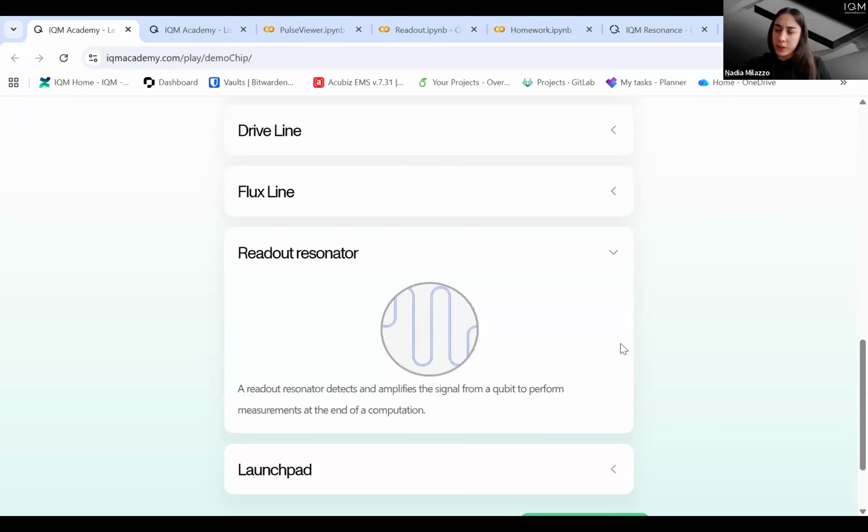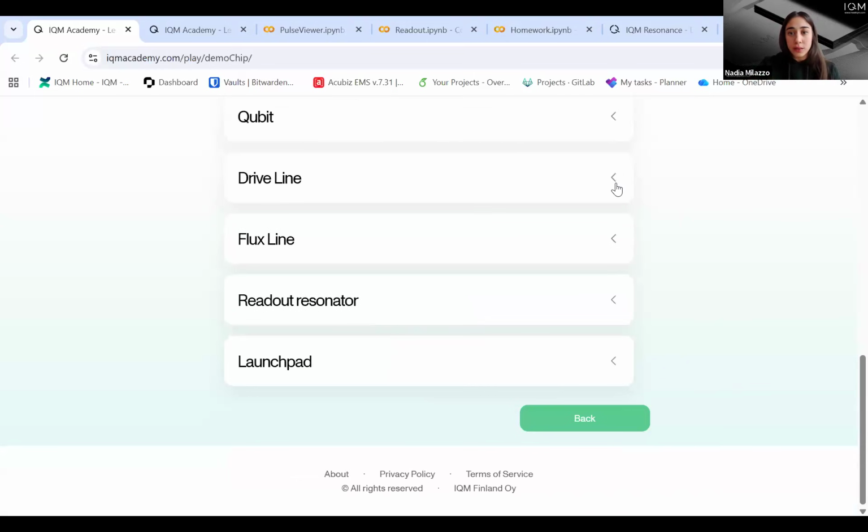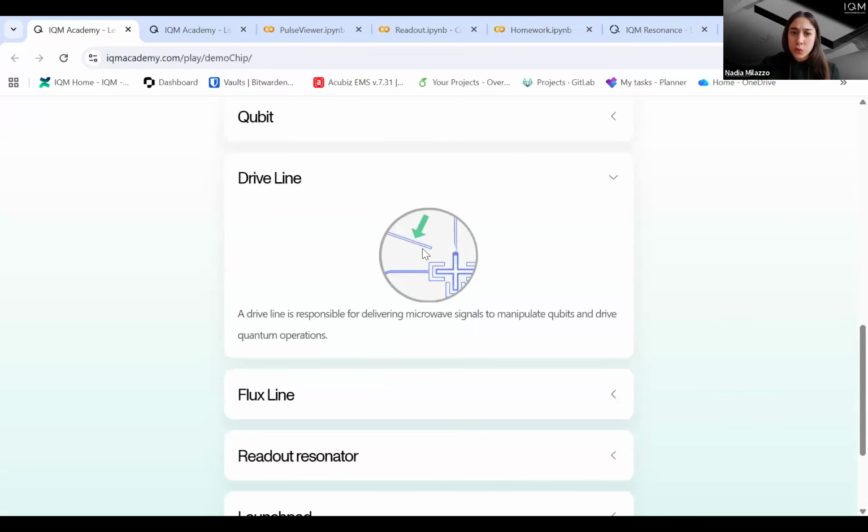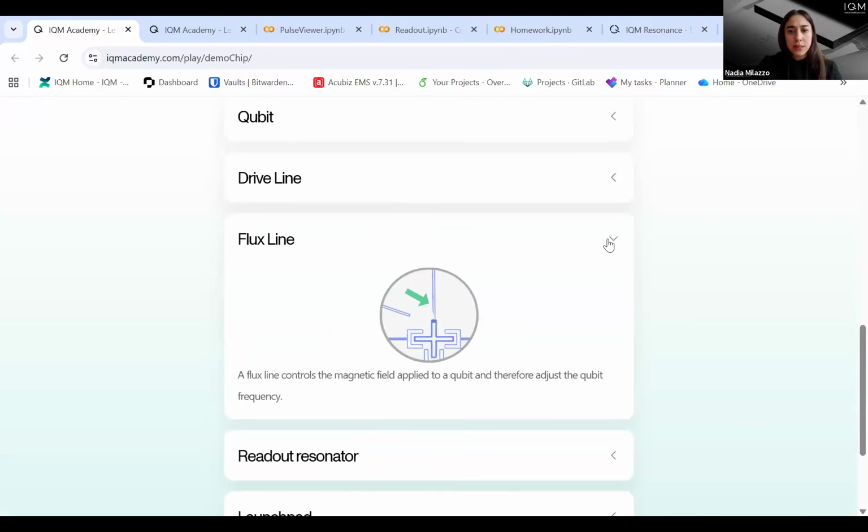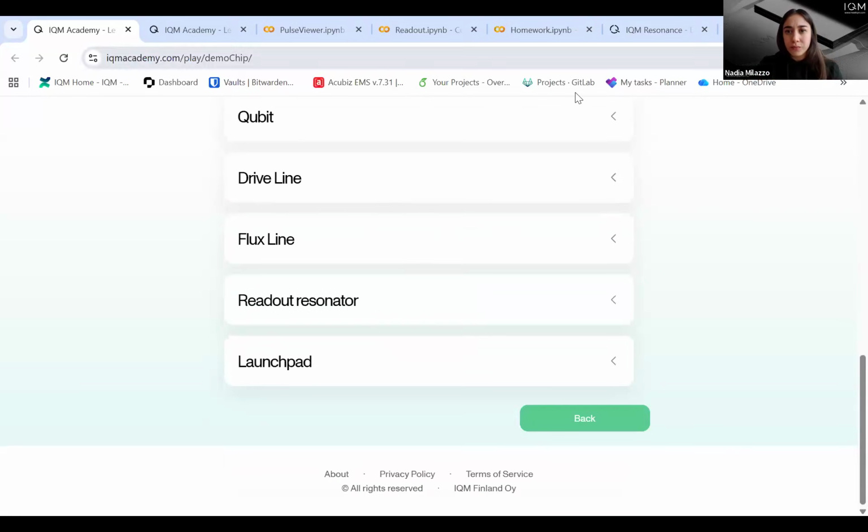So what happens when we actually measure a qubit at the physical level? Then about the two lines that I was talking about, there is one drive line, and we will see what it is useful for, because we will see how the gates are actually implemented on a qubit. And last but not least, there is the flux line. The flux line controls some other properties of the qubit, like their frequency. And this will become clearer in a moment.